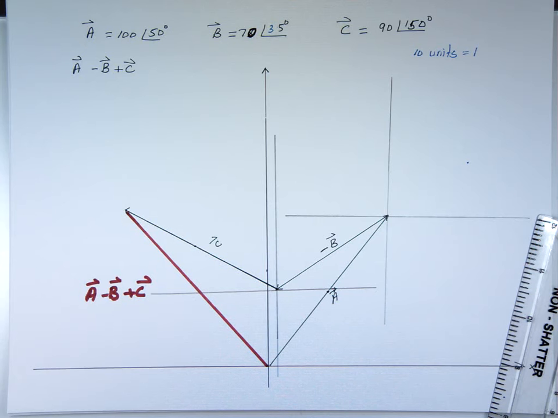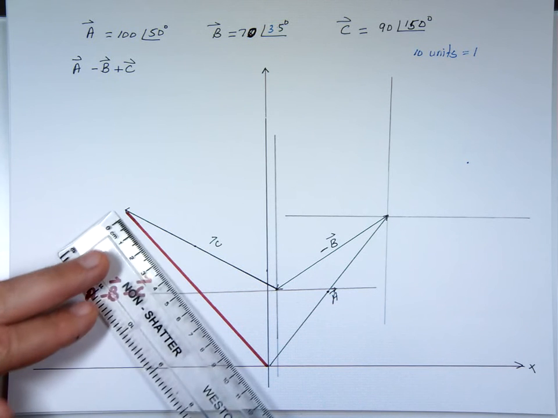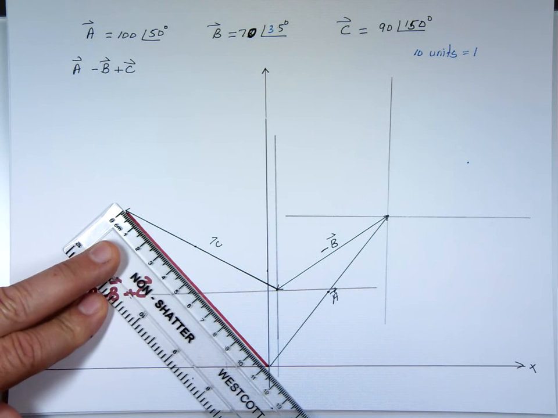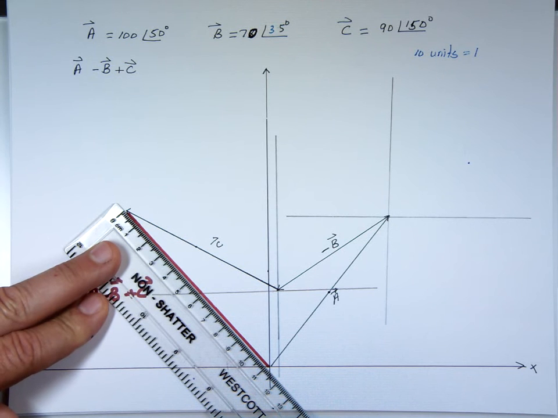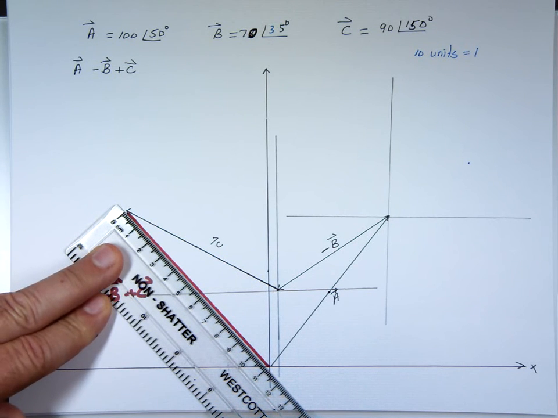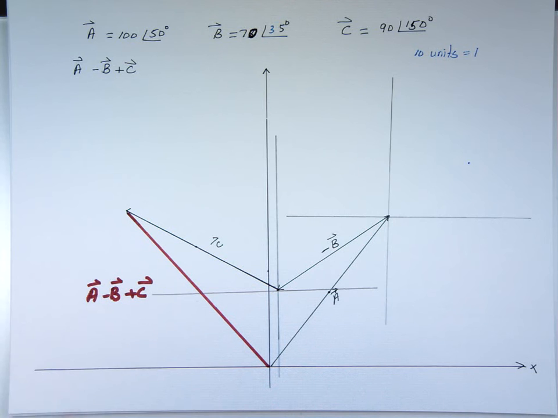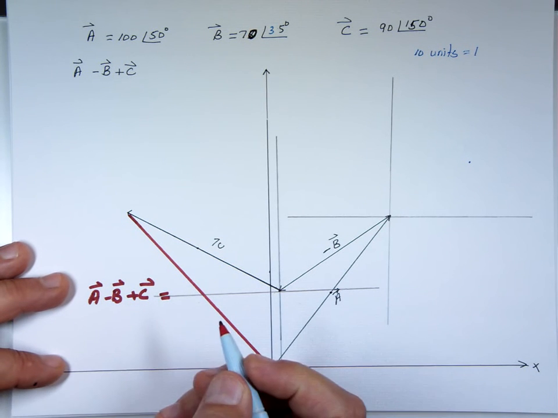Yes, always from the origin to that one. Now, you measure the length of that vector. Remember your scale. I'm getting almost 11, right? Is that what you got? 11? And your scale is what, 10? So the result is going to be 10 times 11. What's 10 times 11? 110.